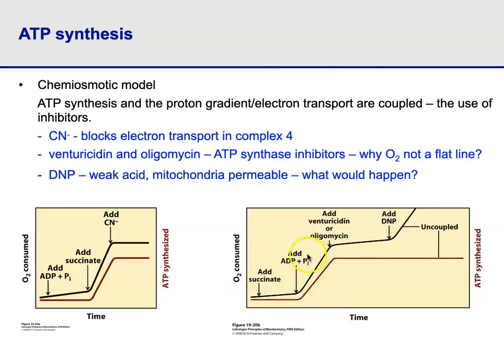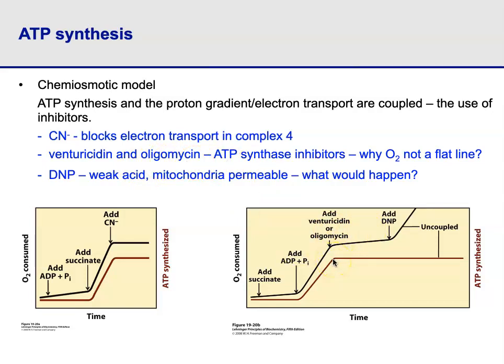Without those ATP synthase substrates, both processes do not work. So obviously they are connected. We can see that oxygen consumption is increased, ATP synthesis is increased, and now we're going to suppress or inhibit ATP synthase with venturicidin or oligomycin.